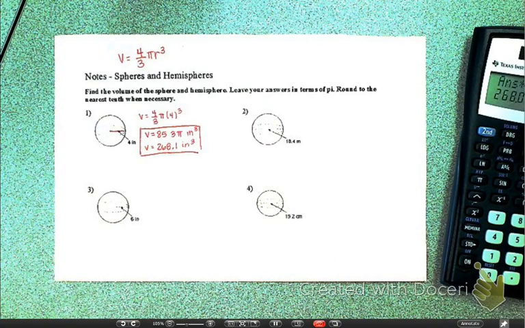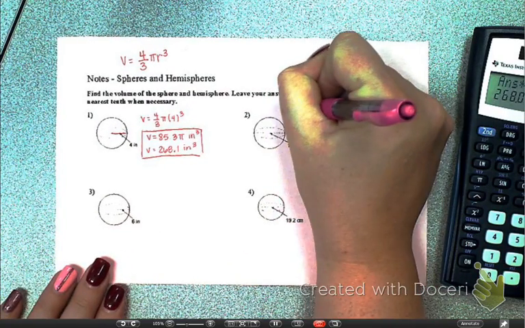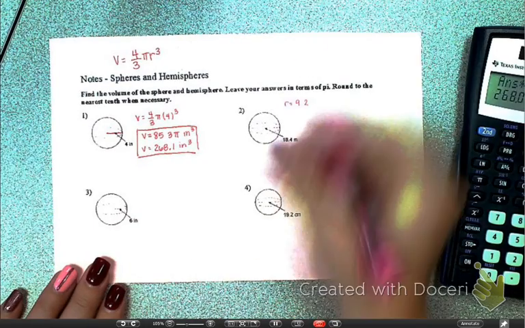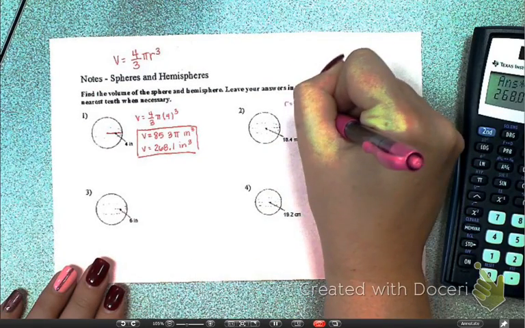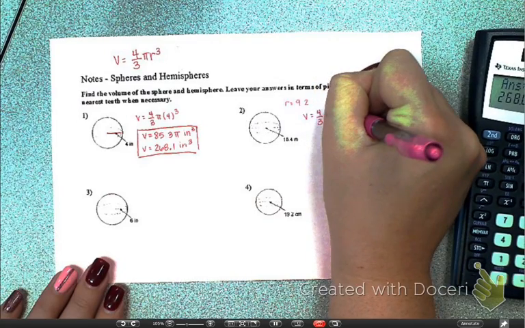Number 2, what am I given? The diameter. So what's my radius? 9.2. So volume equals 4/3 pi times 9.2 cubed.